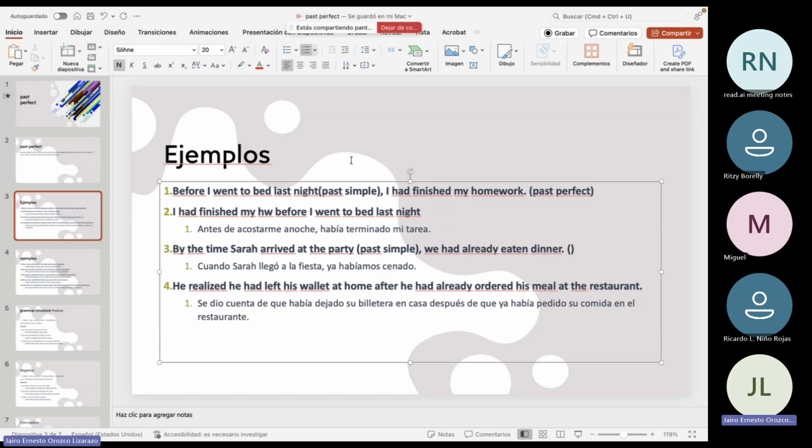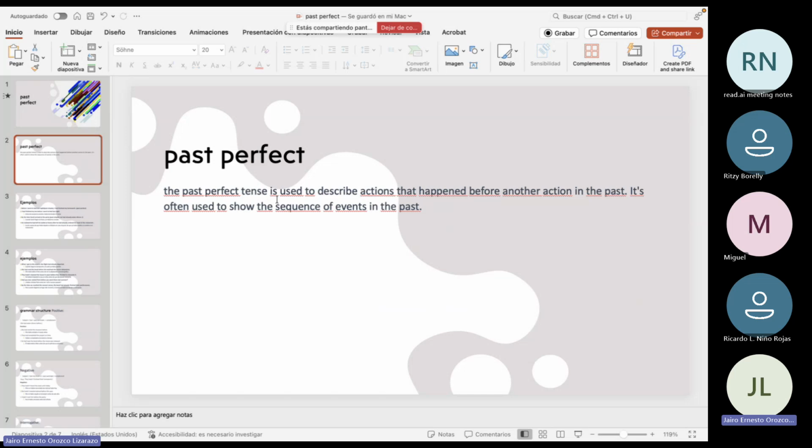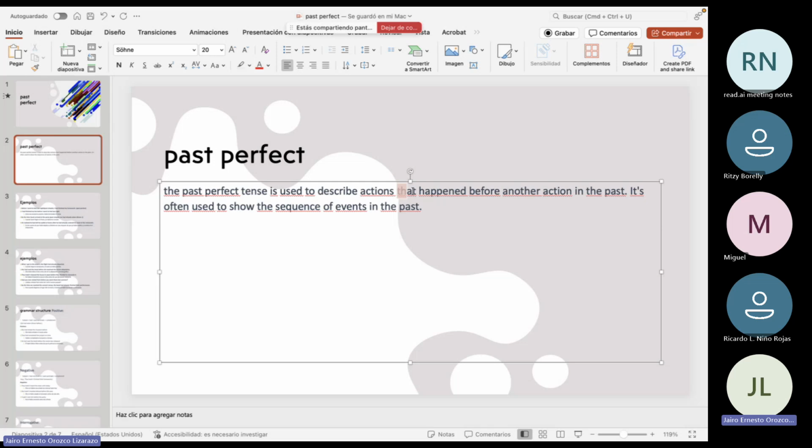Why is that? Because the past perfect tense is used to describe actions that happen before another action, that happen before something else. Usually, that action is in past simple. So what does that mean?